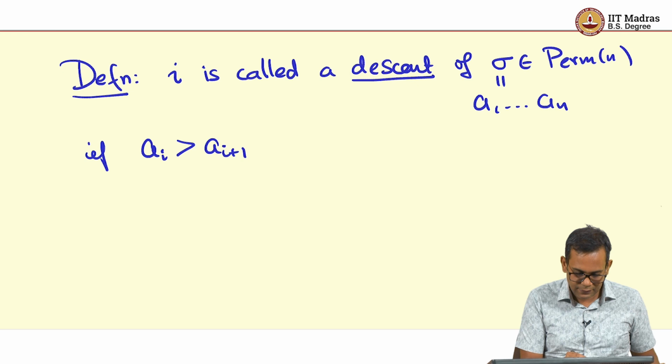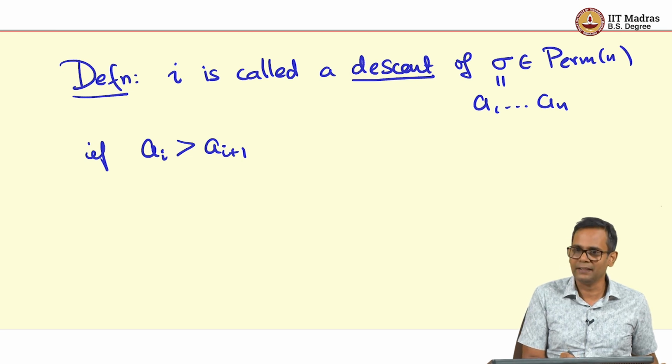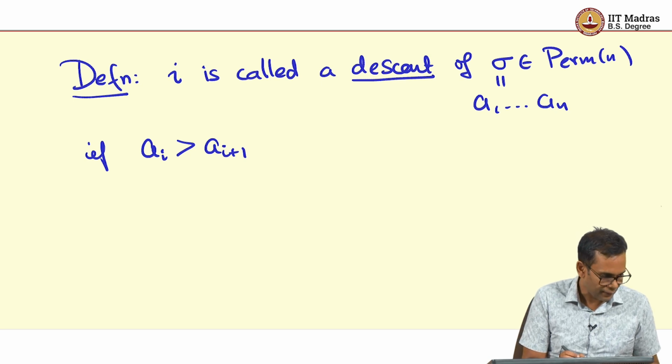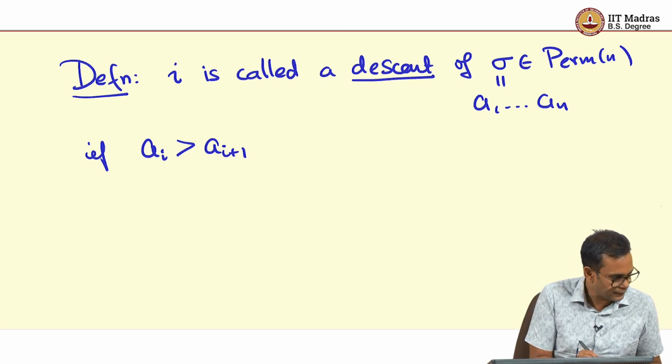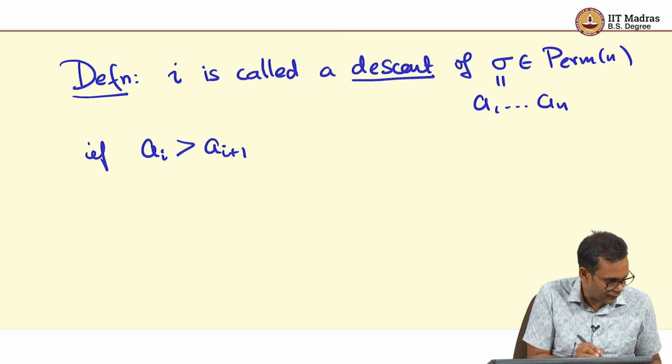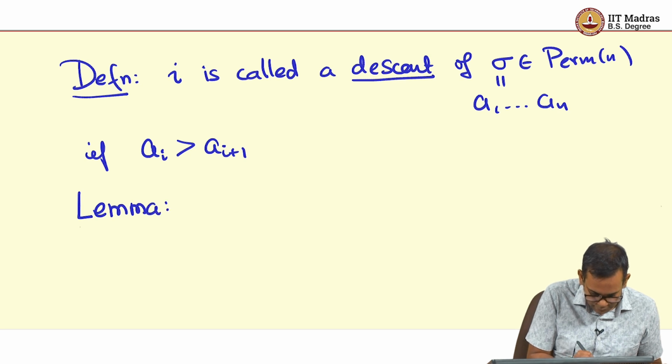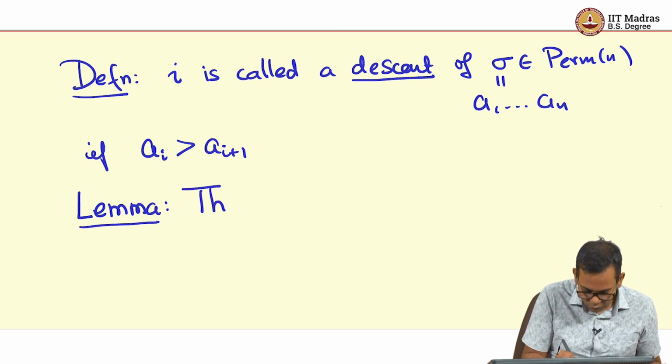So, this a_i and a_{i+1} are in descending order at the position i, and here is a simple observation which I will state as, let us call it a lemma. The following are equivalent.